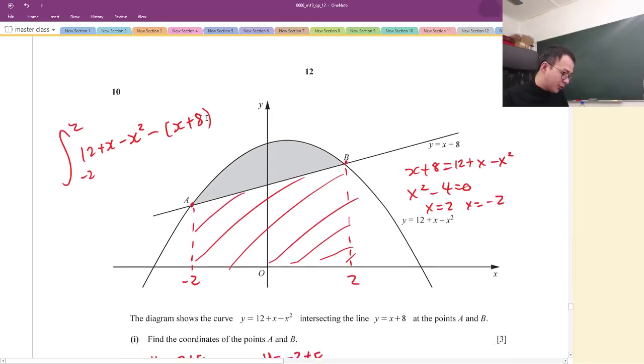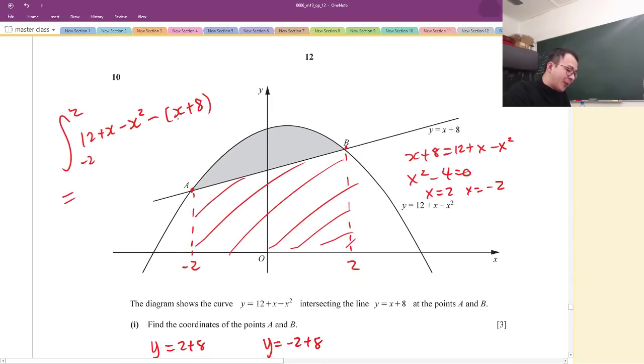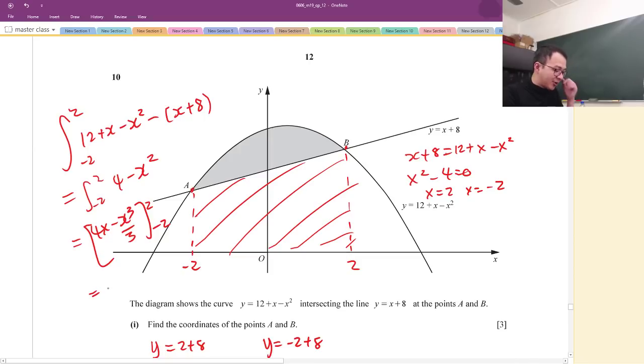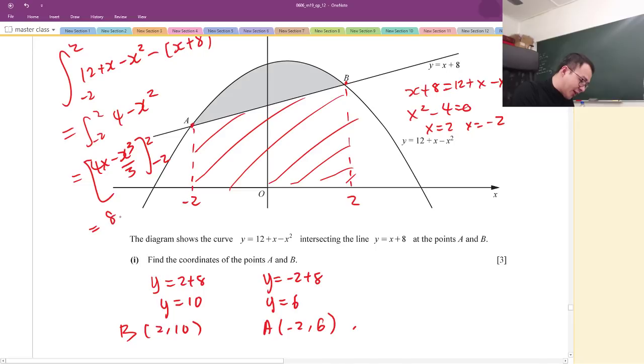So what we do over here is, we subtract first before we start to do any integration. So x minus x, 12 minus 8, so I get basically 4 minus x squared. Then this one gives me 4x minus x cubed over 3, from -2 to 2. Then you can type in your calculator, you should be able to get the answer quite easily. This one is 8 minus 8 over 3, minus (-8 plus 8 over 3).